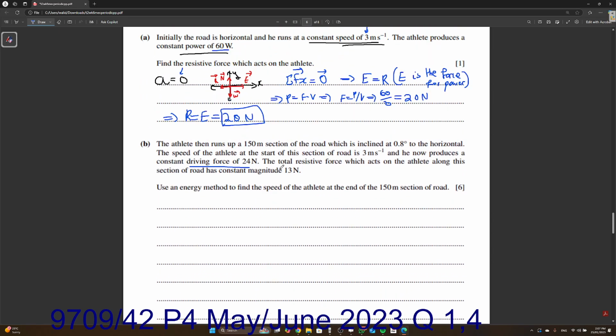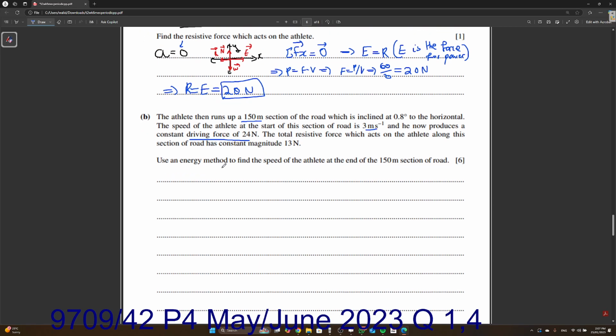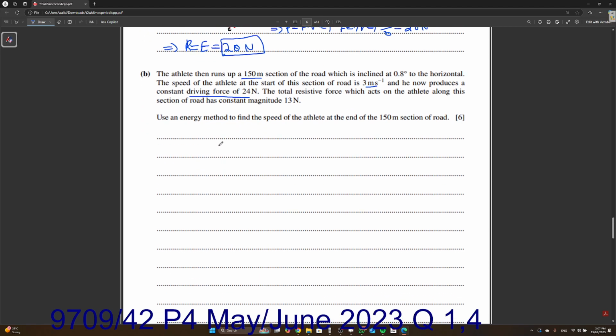So whenever you're relating going up 150 meters with height, with velocity, and you're finding a new velocity, I always tell you use mechanical energy 1 equals mechanical energy 2. But obviously we can't do that here. Before I do anything, I'm just going to draw the inclined plane to help visualize it, okay? 0.8 degrees. It's 150 meters long, right?